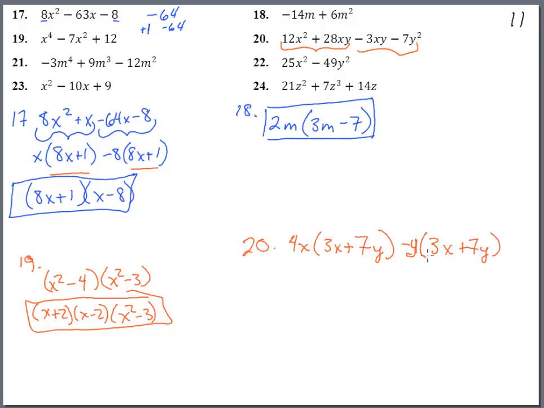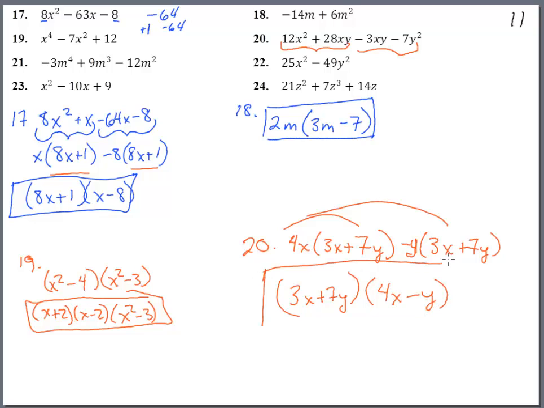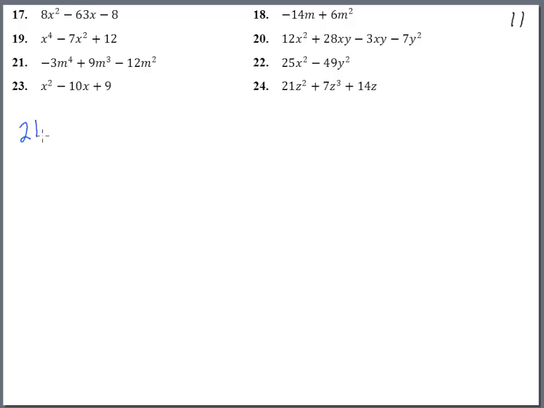We now have a 3x plus 7y in both cases, so we can pull that out. We get 3x plus 7y times 4x minus y. And there we have it. That's number 20. Number 21. Can we pull out a greatest common factor there? I'm going to pull out a negative 3m.